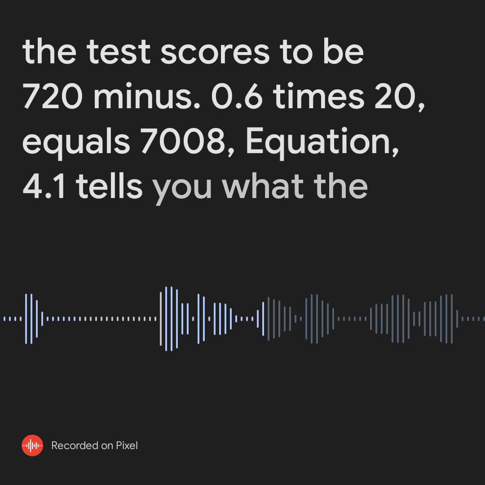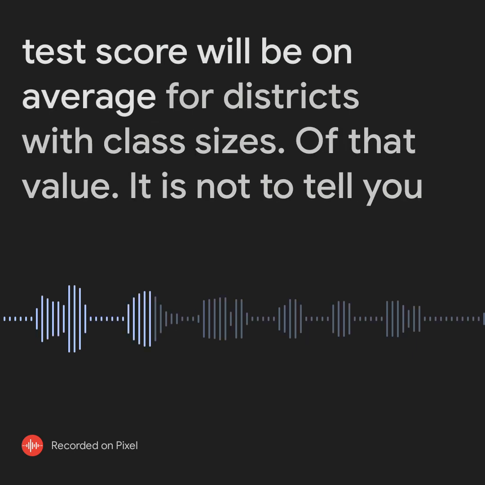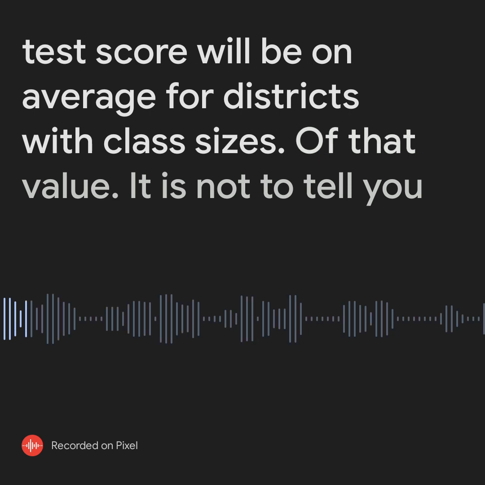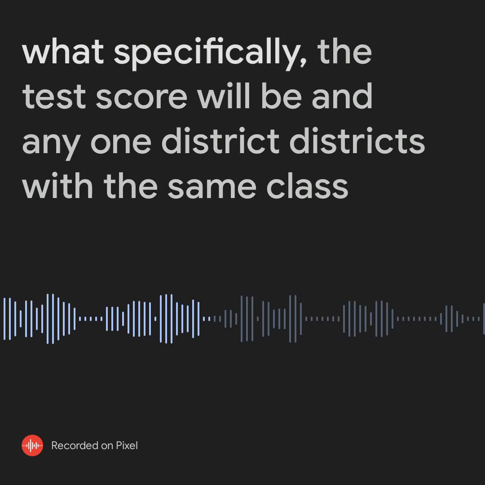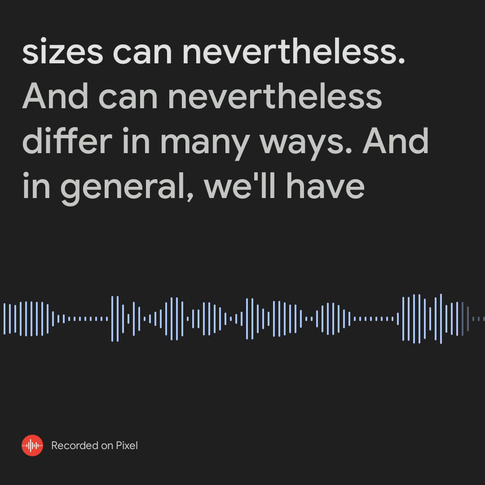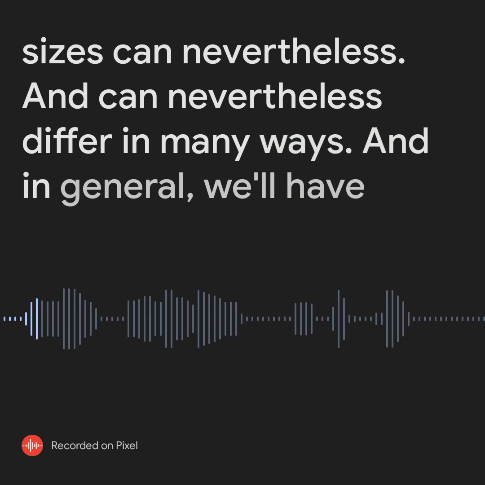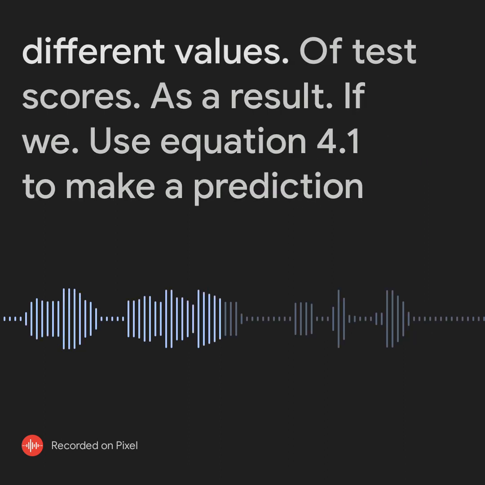Equation 4.1 tells you what the test score will be on average for districts with class sizes of that value. It does not tell you what specifically the test score will be in any one district. Districts with the same class sizes can nevertheless differ in many ways, and in general will have different values of test scores.